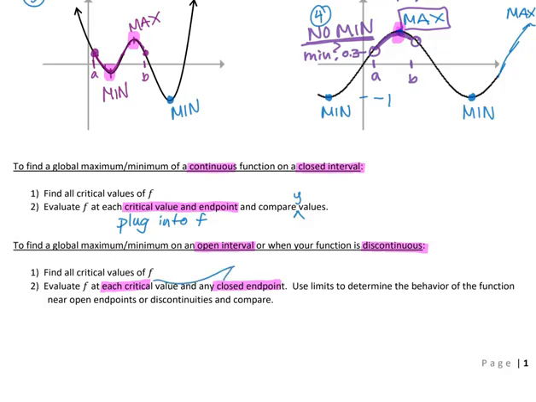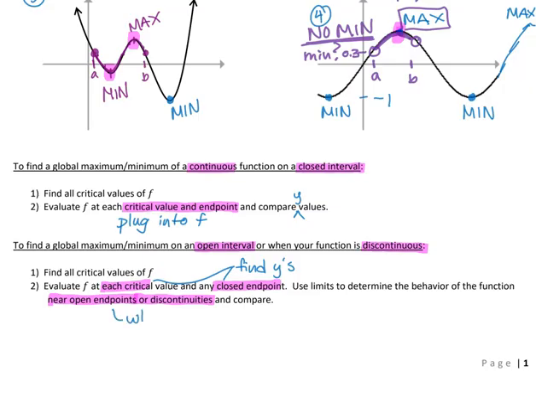So this is find y values, plug into f, and then we need to do an additional step, but this isn't a step where we would say, oh, actually, this is the global maximum or minimum. It's a step where we might have to say there is no global maximum or minimum. So we need to investigate what's happening to the y values near open endpoints or discontinuities.